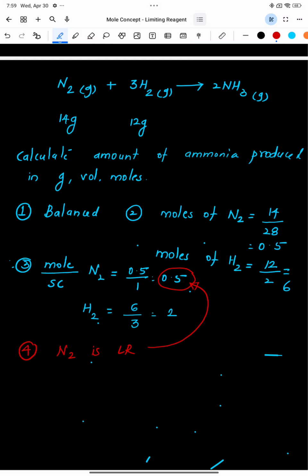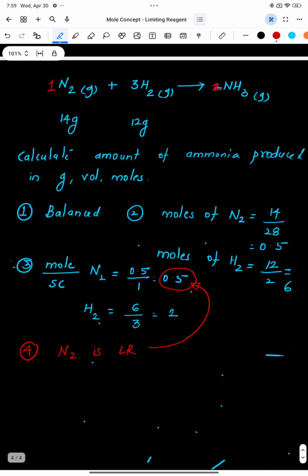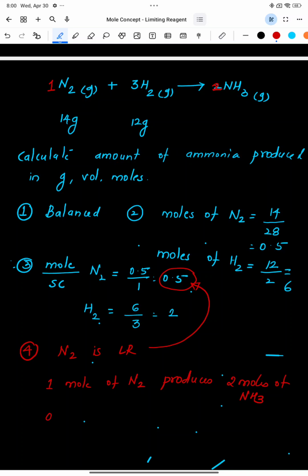And now we simply use nitrogen to decide the amount of ammonia produced. When I look at the equation, I see that 1 mole of N2 produces 2 moles of NH3, but what we have is 0.5 moles of N2.